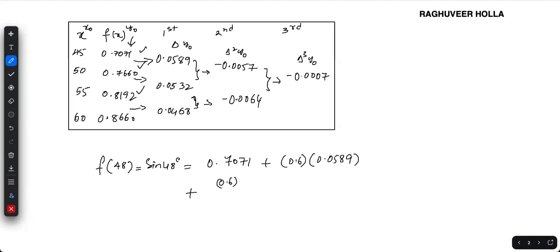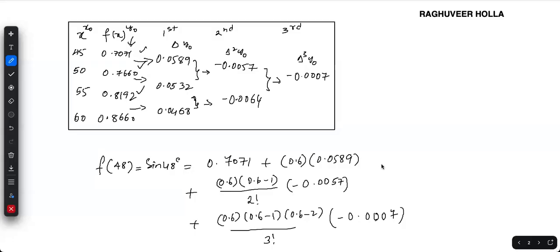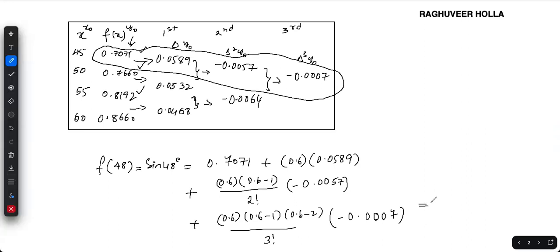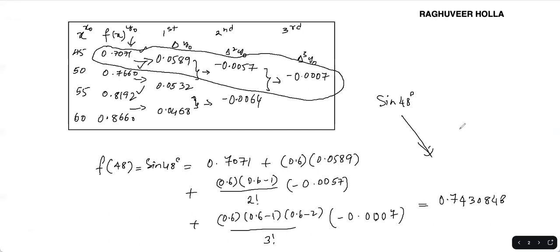Please substitute it quickly. We have substituted all the values, which are these. So this will be 0.7430848 approximately. So your sine of 48 degrees is this, approximately.